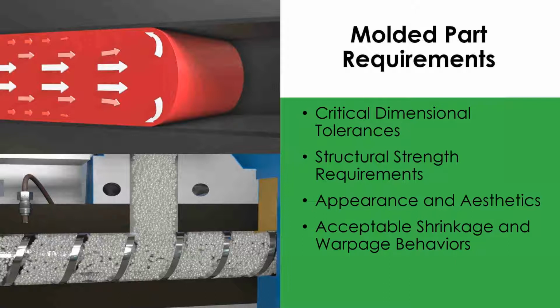In an assembly, under certain circumstances, part warpage is okay. If all of the parts warp in the same manner, then they maybe can be assembled without a problem. So the assembly functionality is really important to understand for a molded part assembly.